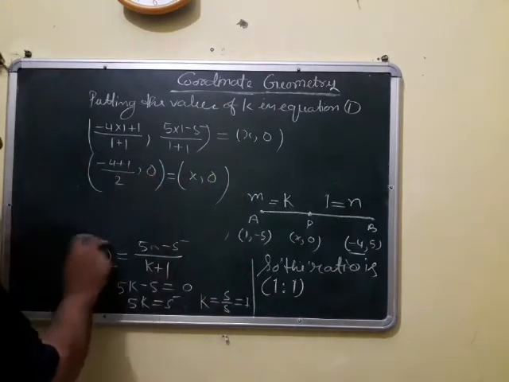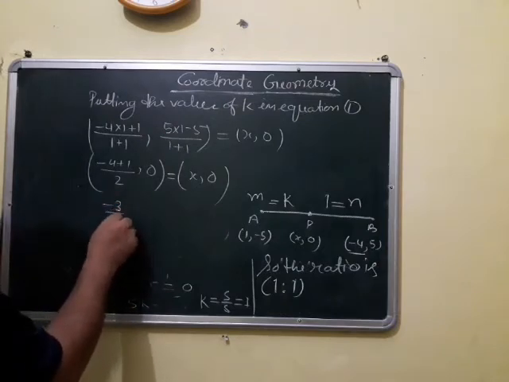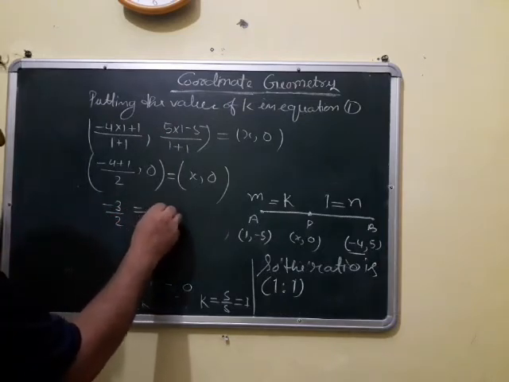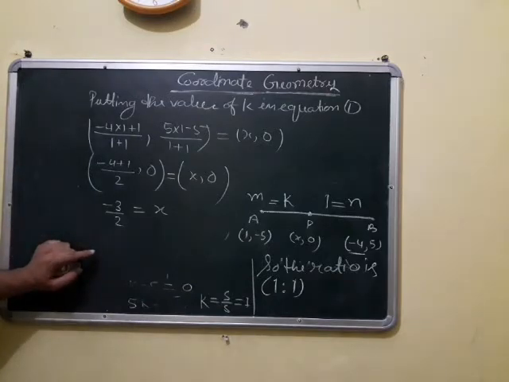Now going to 0, what do we get? Minus 3 by 2 is equal to x. The x is equal to minus 3 by 2.